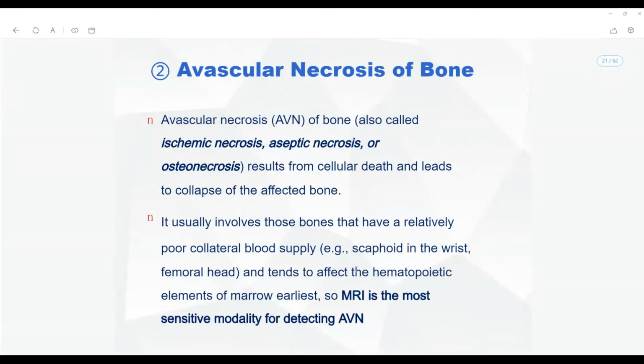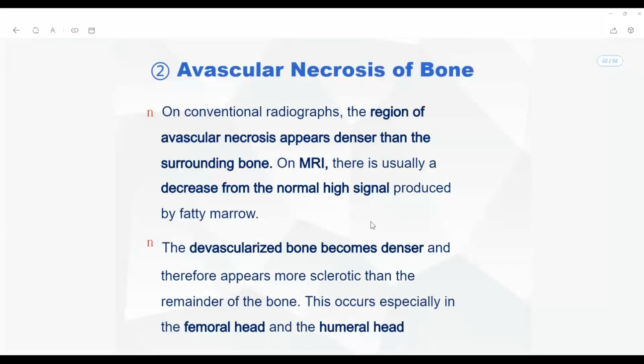However, you have to understand one simple logic here: MRI is the most sensitive modality for detecting avascular necrosis. Best examples are the scaphoid bone in the wrist and the femoral head, which are mostly affected by avascular necrosis.